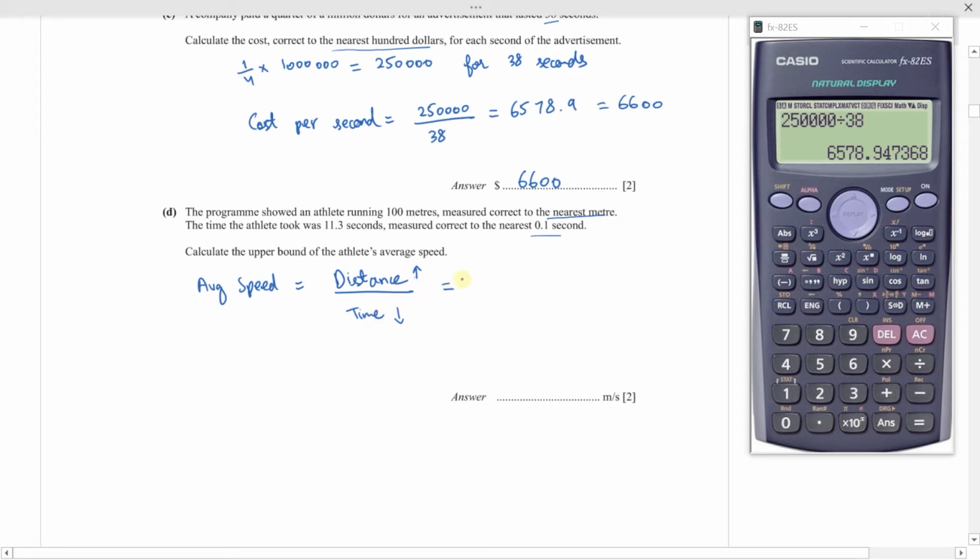So that means the upper bound average speed will be upper bound of distance divided by the lower bound of the time.